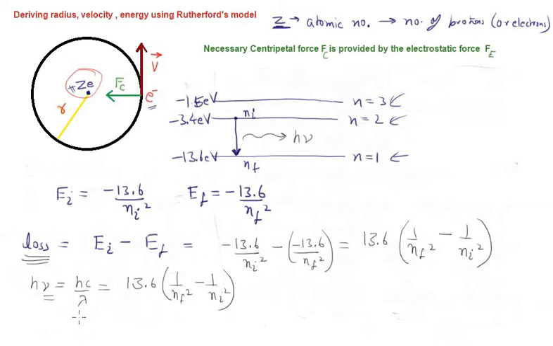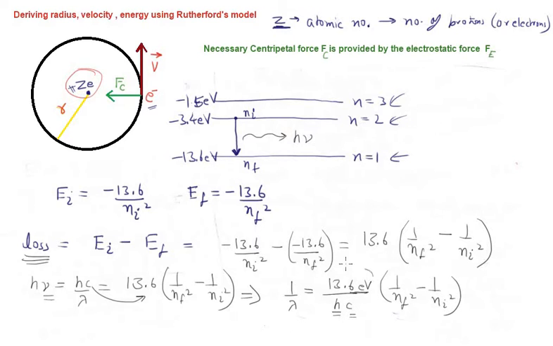So from here we can get the value of lambda. So 1 by lambda will be equal to 13.6 electron volt divided by hc, where h is Planck's constant and c is speed of light in vacuum, times 1 by nf square minus 1 by ni square.